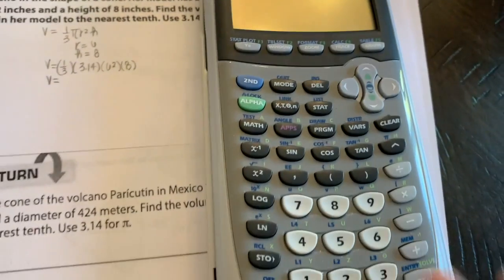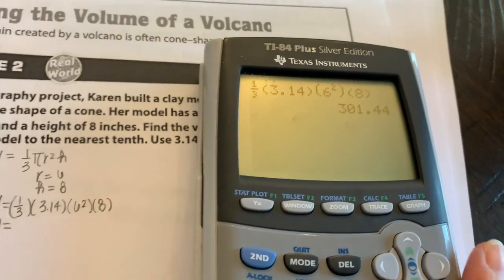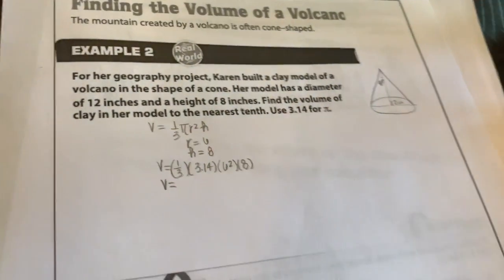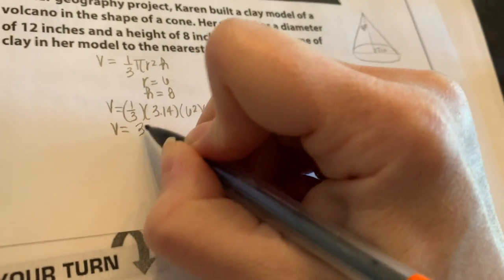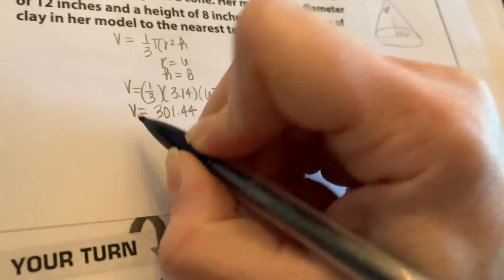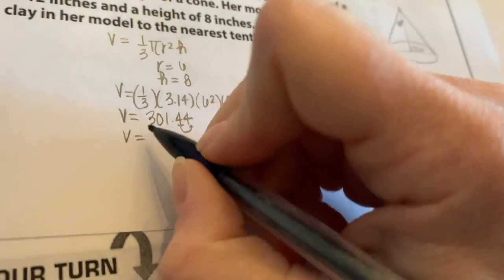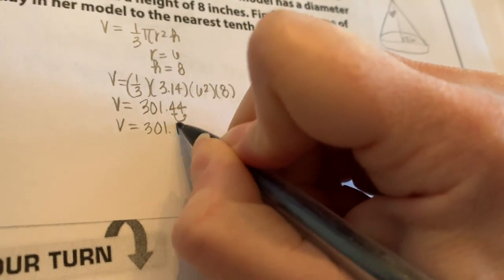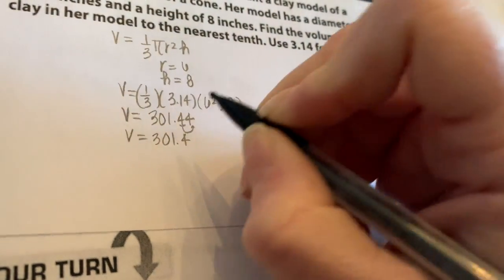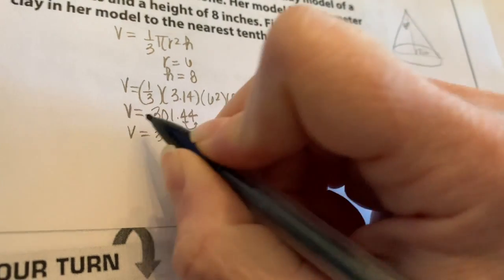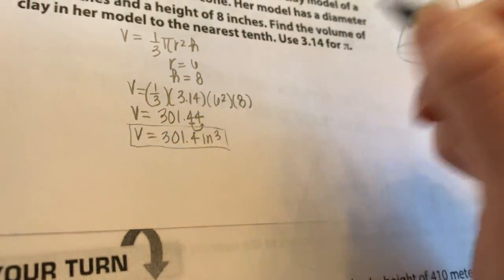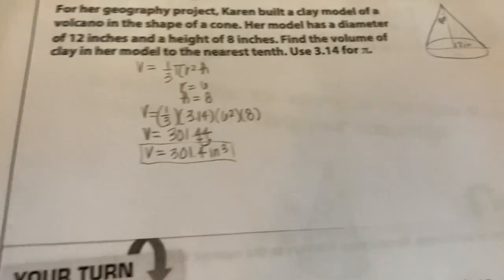Okay, and then I just push equals and I see 301.44, and I'm going to round that to the nearest tenth. So it's going to be 301.4 inches cubed. And that's my answer. Okay.